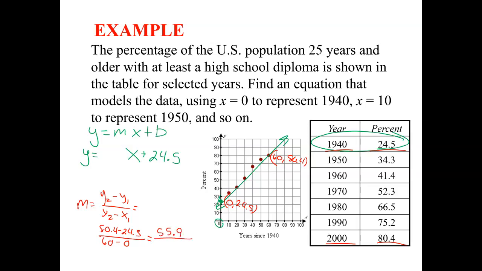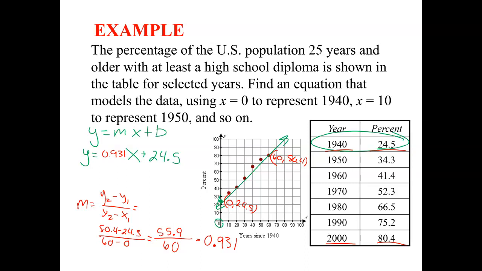There we go. That looks better. Okay, over 60. Now, do the division. Give me a decimal. 0.931. All right. Slope 0.931.